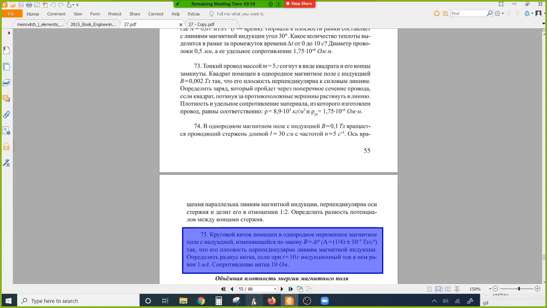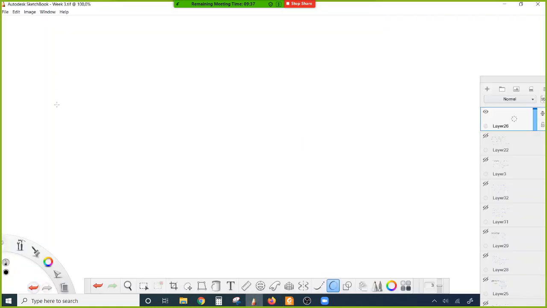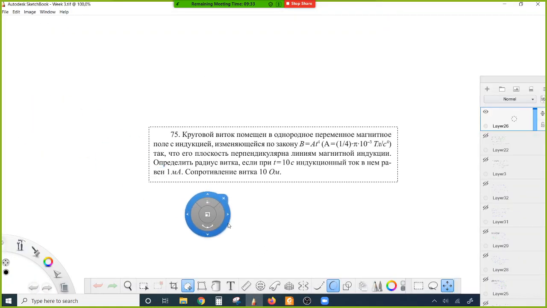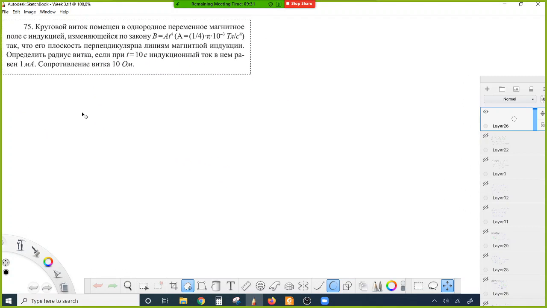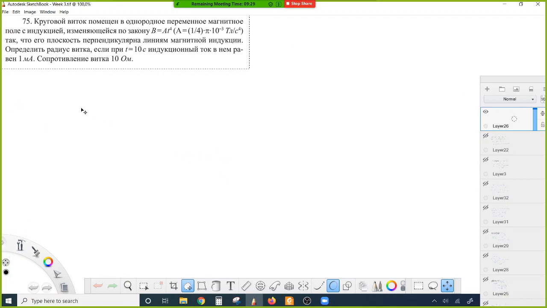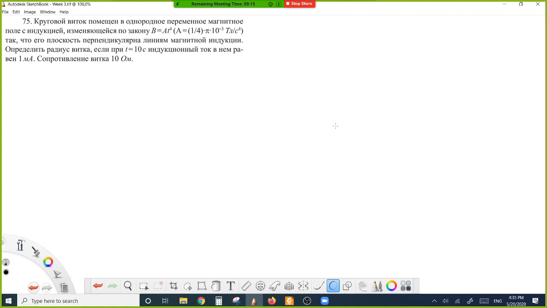So, exercise number 75. We have a circular loop.